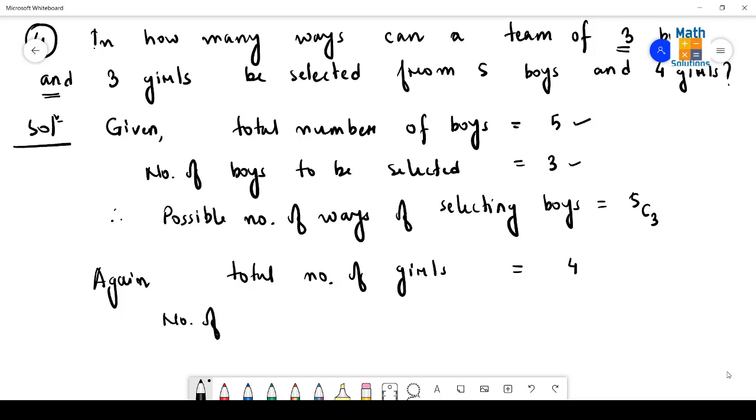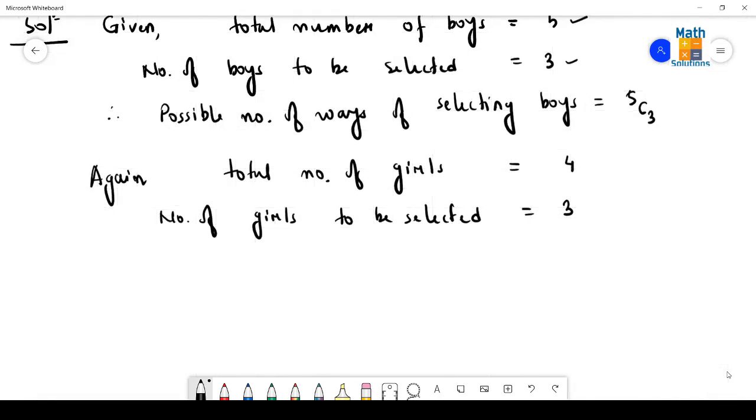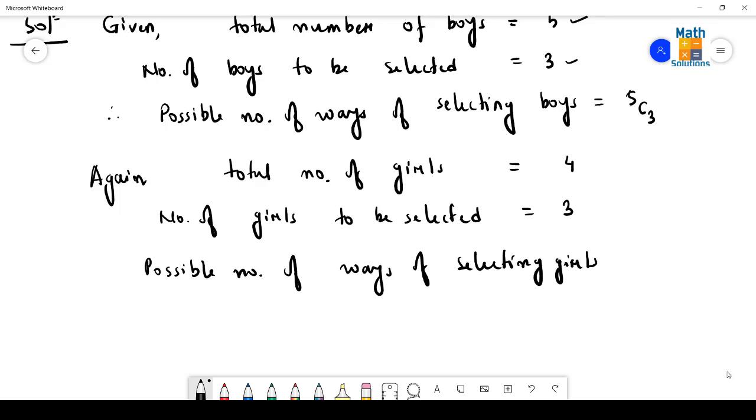So the number of girls to be selected is how many? 3 girls are to be selected. So I shall be writing 3 here. Then the possible number of ways of selecting girls will be how many? Of course, from a total of 4, I am selecting 3.